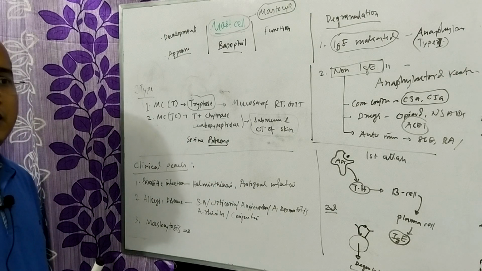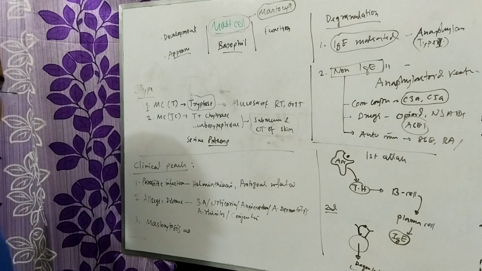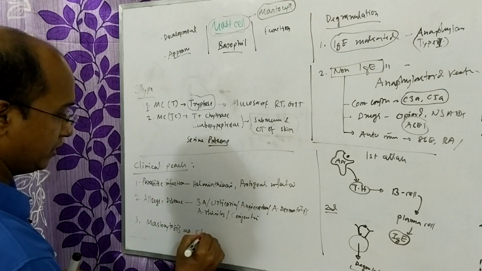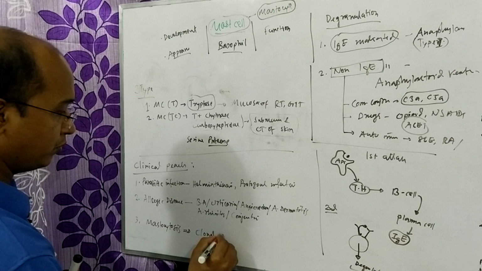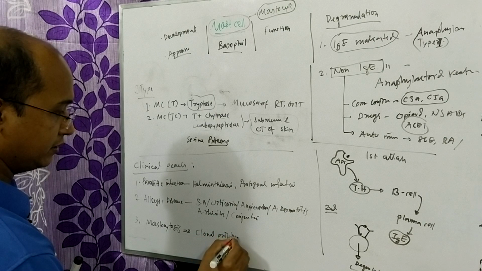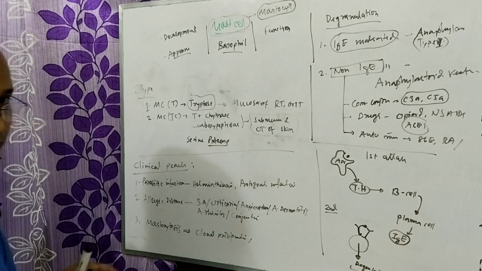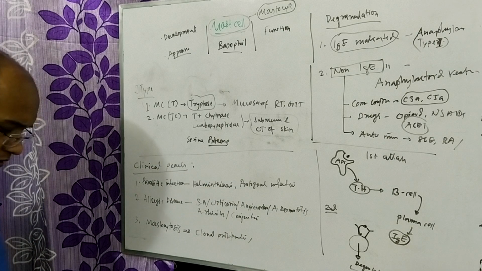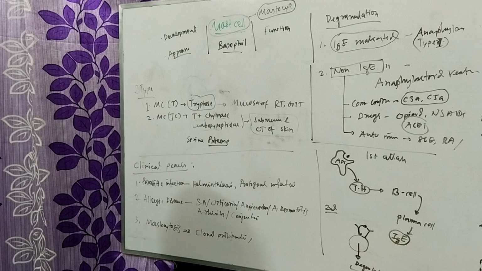That means a huge number of mast cells present in the body due to clonal proliferation. It is a neoplastic condition, and as there is a huge number of mast cells, so a huge amount of degranulation product of mast cell will manifest systemic manifestation. So mastocytosis may occur.